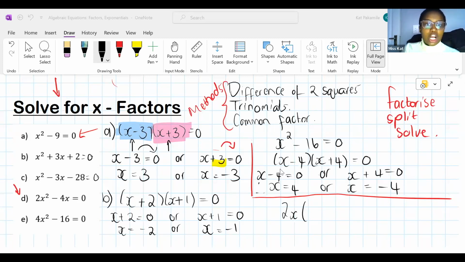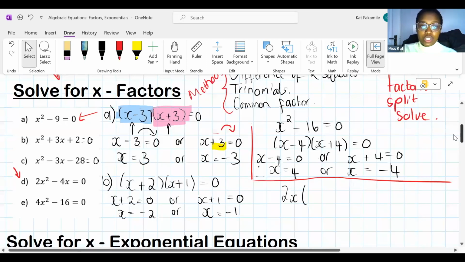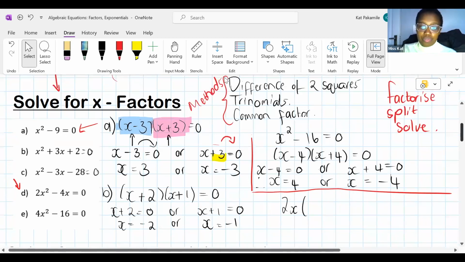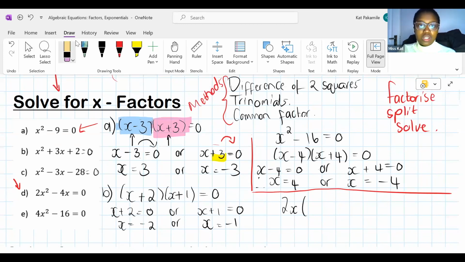Actually, unfortunately, I can't because of people who want to screenshot. I'll erase them just now, but for now, let me erase this one. If you want to take a screenshot quickly, do it so I can erase the other sums, please. Giving you a few seconds. 4, 3, 2, 1.